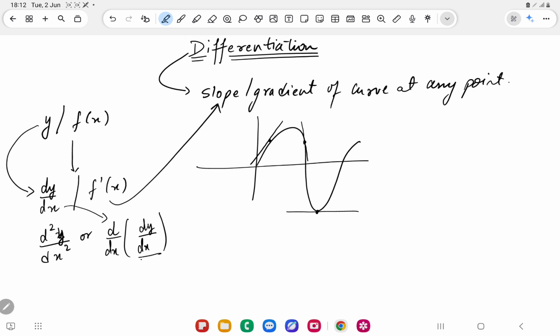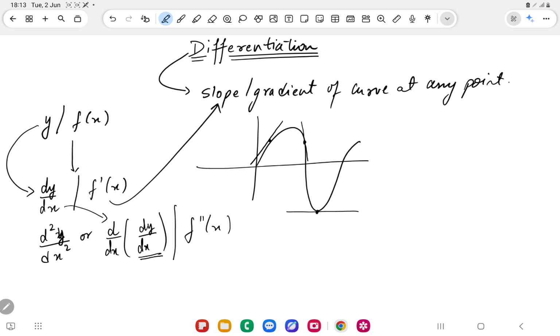So we are again taking the derivative. Now if it is in f dash x terms, I will write f double dash x, and it keeps on going, whether we want to find the first derivative, second derivative, third derivative or nth derivative.